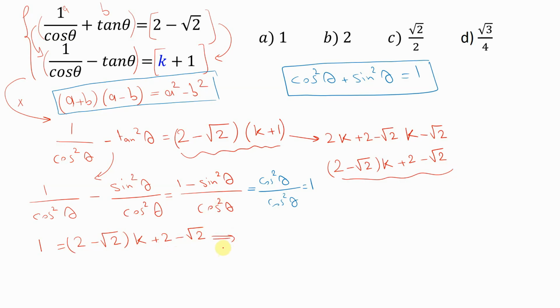Now I'm going to move everything to the other side and leave k on the left hand side. So here we have 1, and 2 becomes minus 2 because it moves to the other side, and minus square root of 2 becomes plus square root of 2. The coefficient of k goes to the denominator, 2 minus square root of 2.